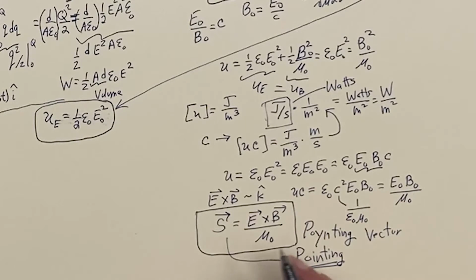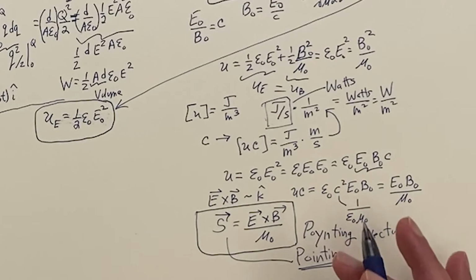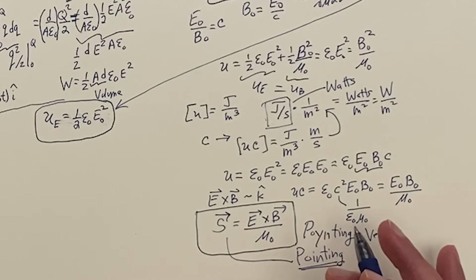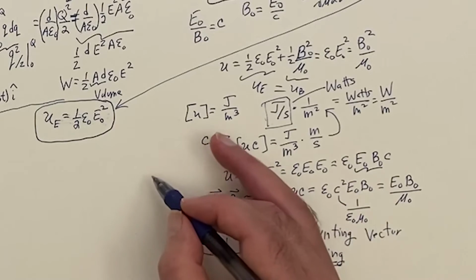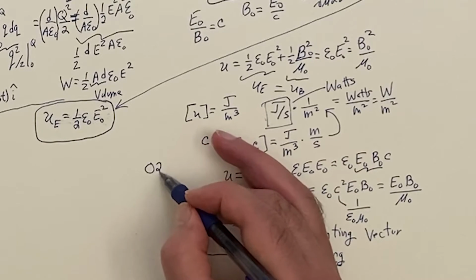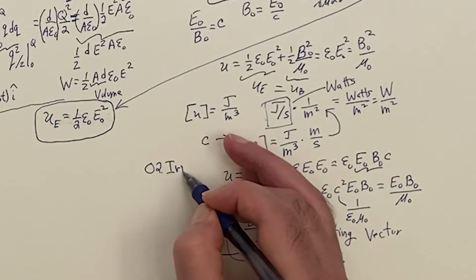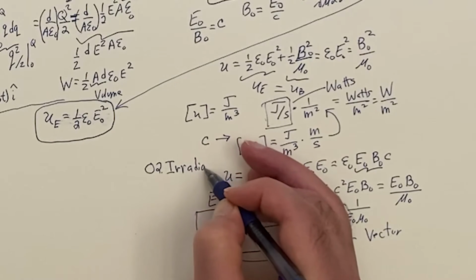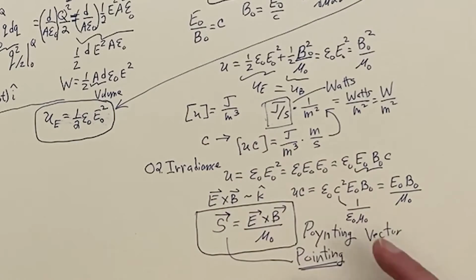Actually, we have gone into part 2 of our class. So let's just put here O2. This is irradiance. This is all related to the irradiance. So when you have the irradiance, technically what you want to do is you want to average over a full period.